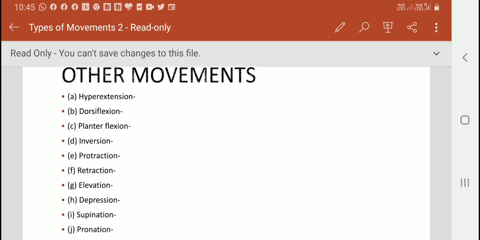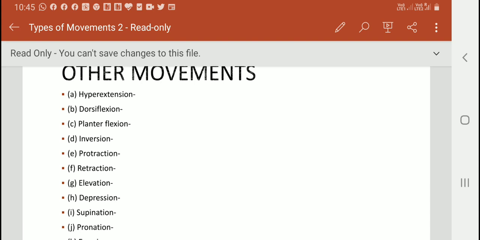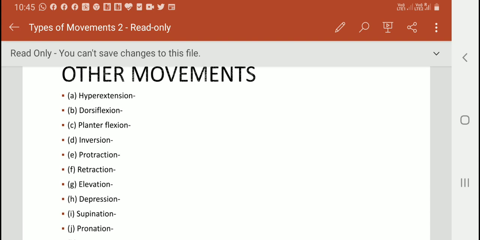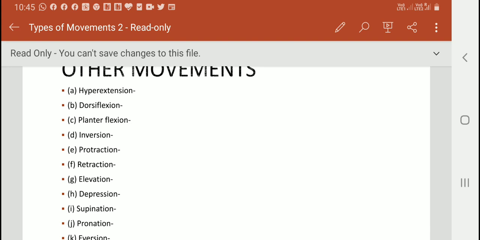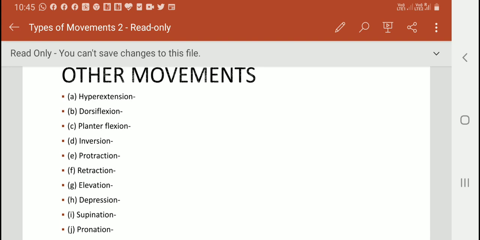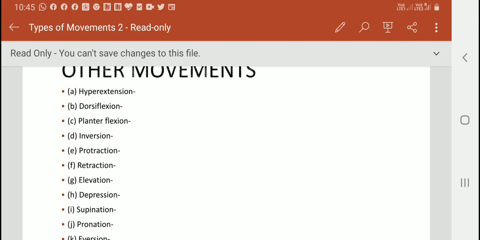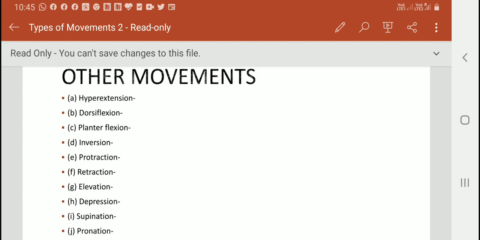These kinds of questions will come for 1 mark. So you have to revise and learn all these movements of the body, write notes in a notebook, and revise again and again so you can learn. I think you have understood all kinds of movement. Okay, thank you.